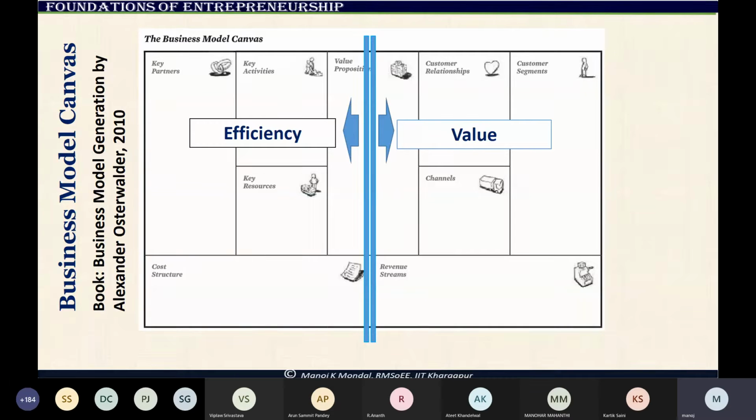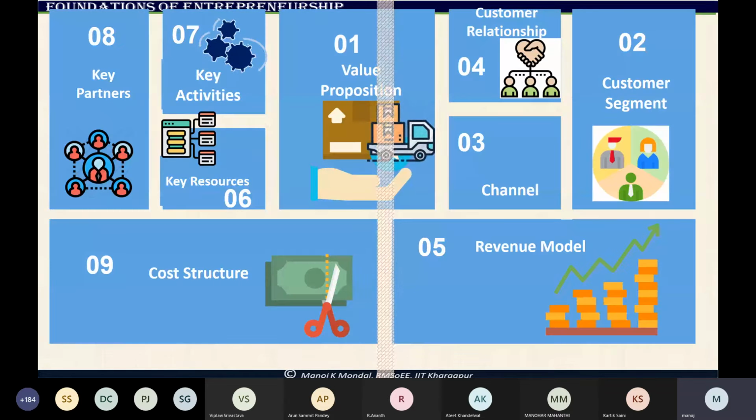On the left side is the efficiency, meaning all those partners, activities, key resources, they help you to produce whatever you are producing efficiently. In the process, you cut costs, and eventually the cost goes below the revenue and you make some profit. So this is the whole logic, and this is the things put in a graphic.